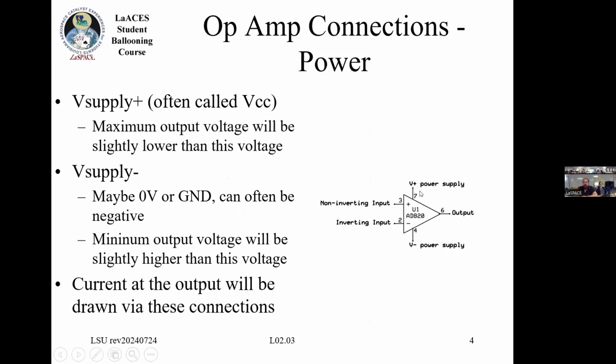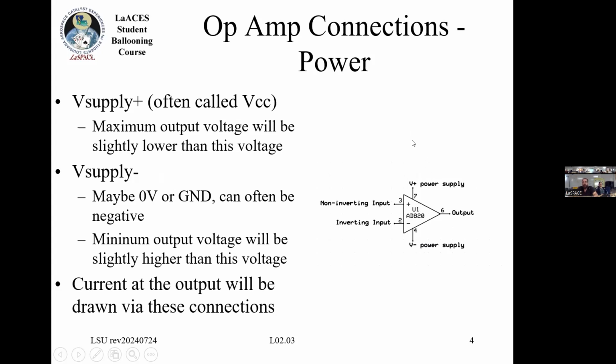So you may have 0 and a positive voltage, but you may also see a positive and negative voltage, like +5, -5, or +12, -12, or it may be 0 and 5, right? The reason you would possibly have a negative power supply connection is if you're building a circuit and you want the capability of the output to go negative, right?